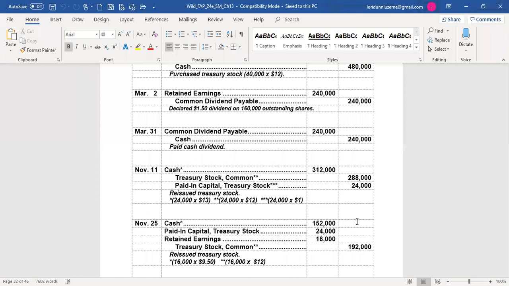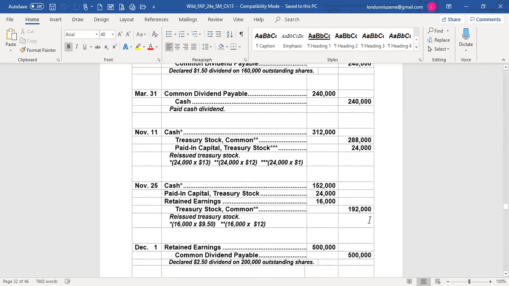Do we own any treasury stock on December 1st? No. So our outstanding shares of stock are 200,000. So 200,000 times $2.50 a share will debit retained earnings, and you want to do that in your T account, for $500,000. So $500,000 more of the profits are going out, just not today.